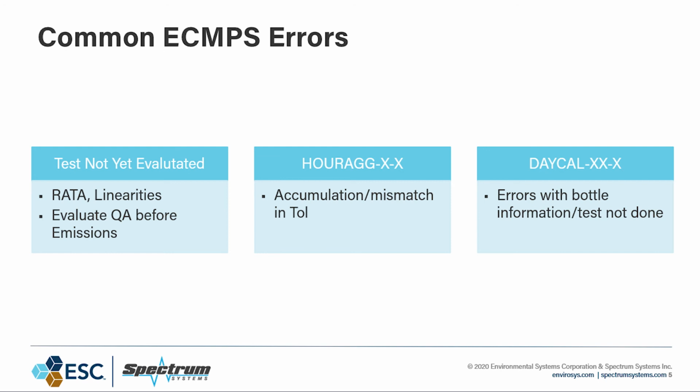If you're trying to import your test and it's not evaluating correctly, typically there's something wrong within your QA file and your emissions file. It could be that one of your QA tests was not entered correctly, whether your errata or your linearities. A second example is the hour AGG error, which usually is due to missing time online parameters.